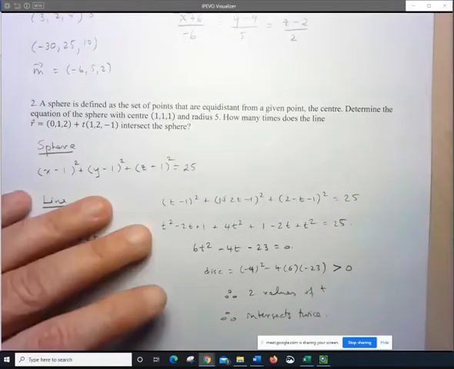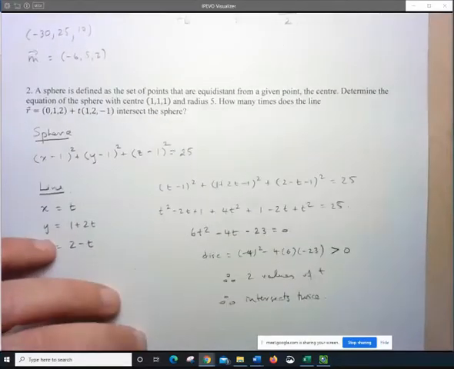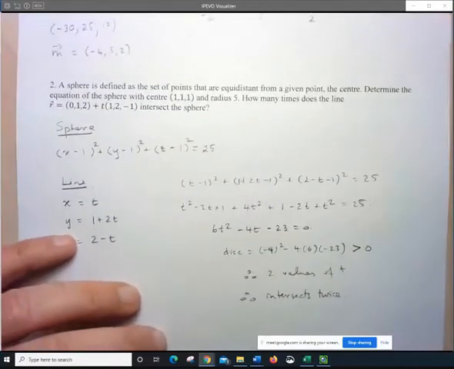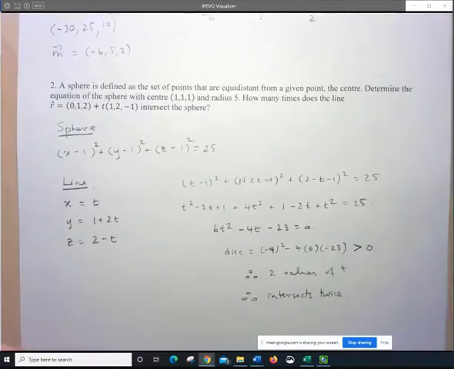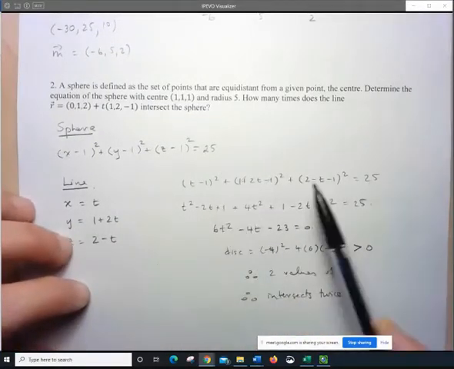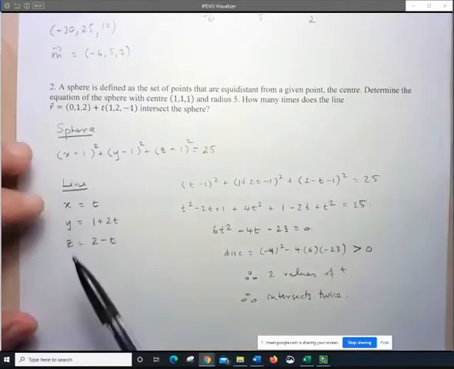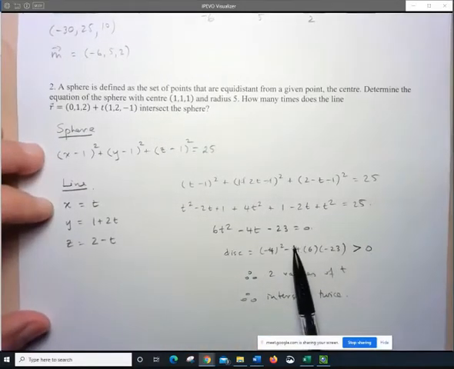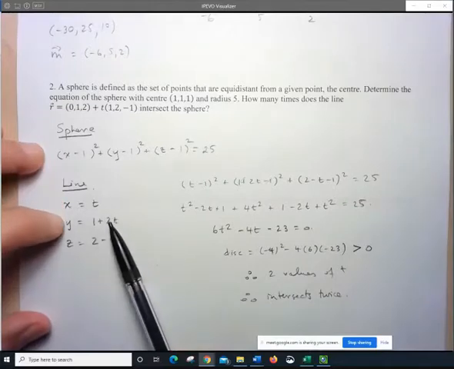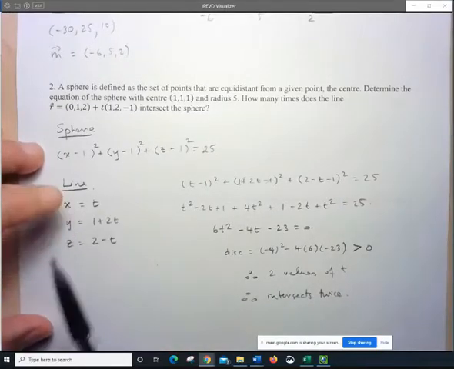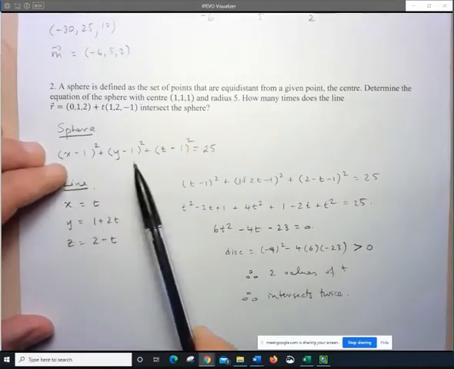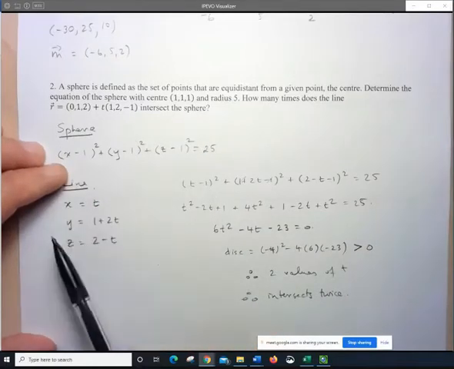Sorry, Tony, could you just justify why the value for t directly translates to how many times it intersects? Because this equation represents equating the x and y's. So 2 different values of t will produce 2 different points, which will match both this equation and that equation.